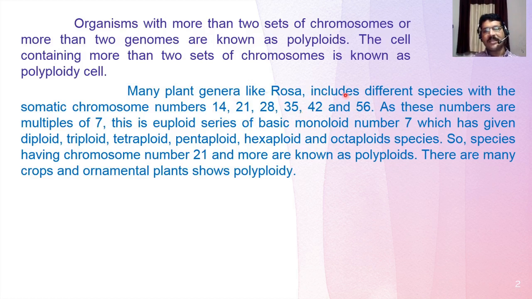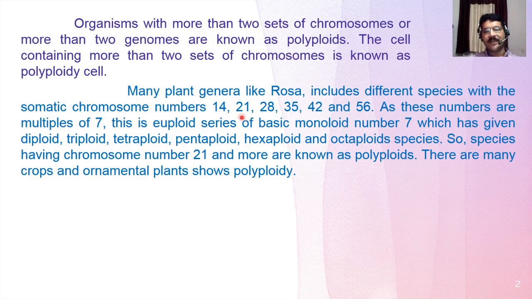All these numbers are multiples of 7. As these numbers are multiples of 7, this is a euploid series of basic monoploid number 7, which has given diploid, triploid, tetraploid, pentaploid, hexaploid and octaploid species.